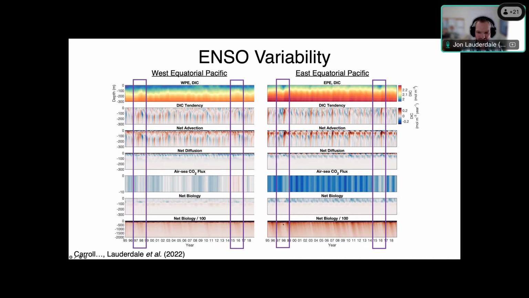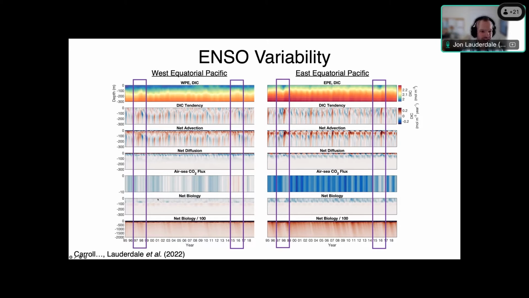And then you can also track the change in biology. You can see that there's a decrease in biological activity at the surface, which also manifests further down in the water column as the particles sink out and are remineralized.